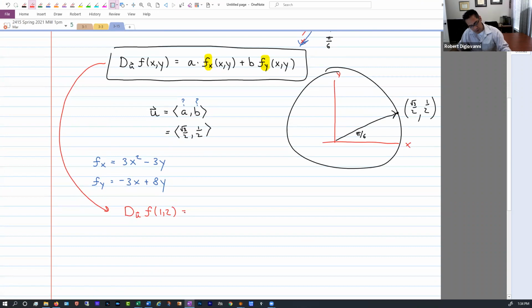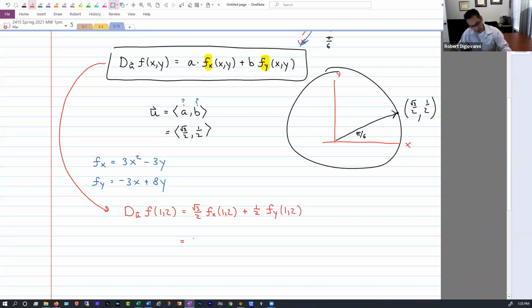That should be equal to a, which for us is root 3 over 2, and then we need the partial of f with respect to x evaluated at 1, 2, plus now b, which is a half, times the partial of f with respect to y evaluated at 1, 2.